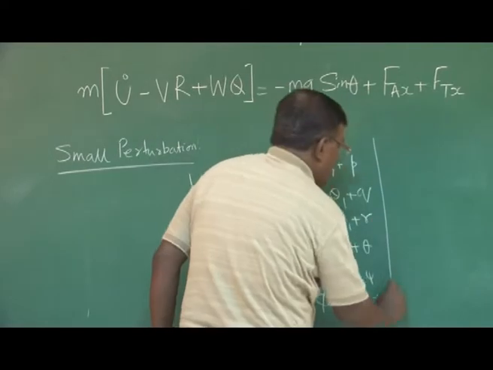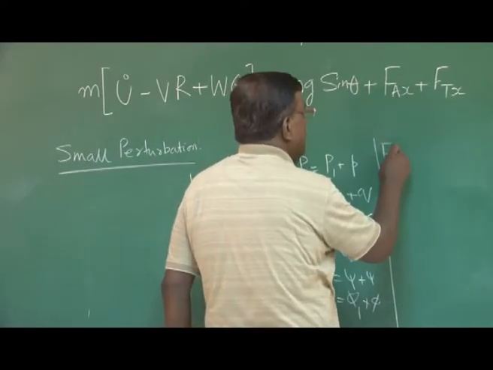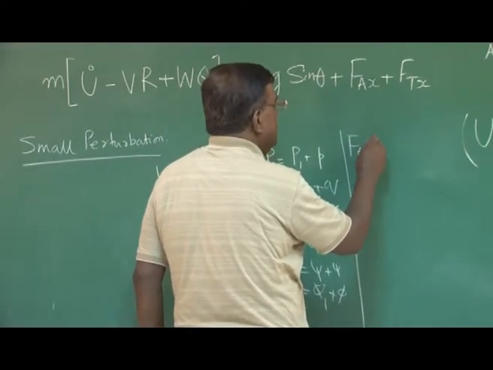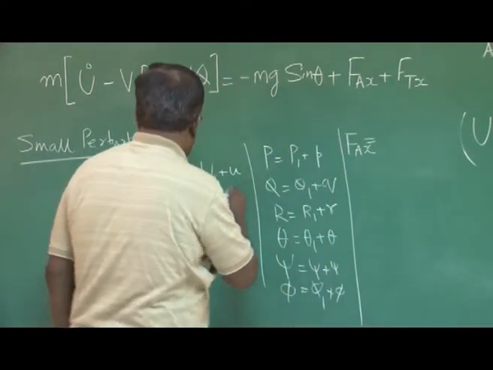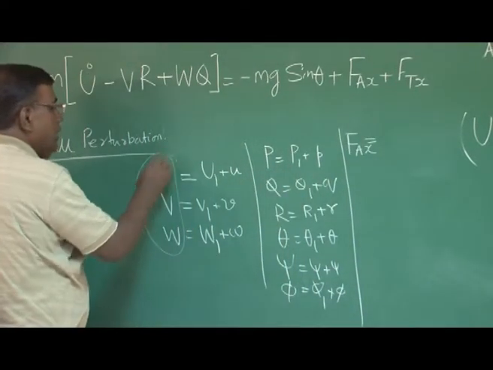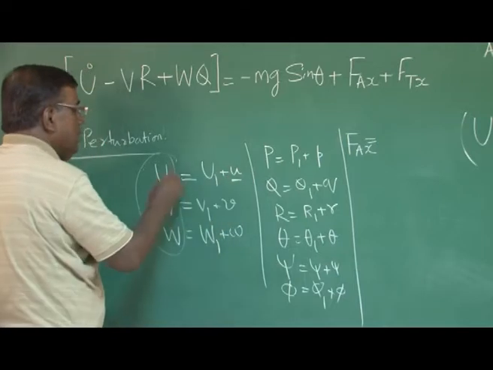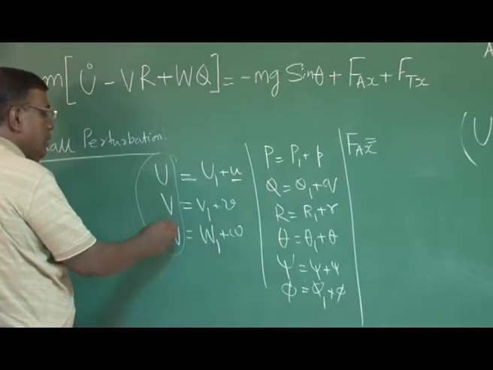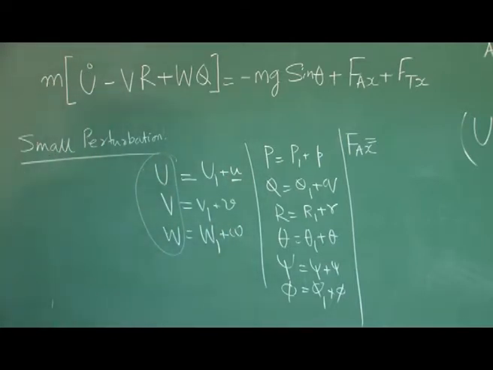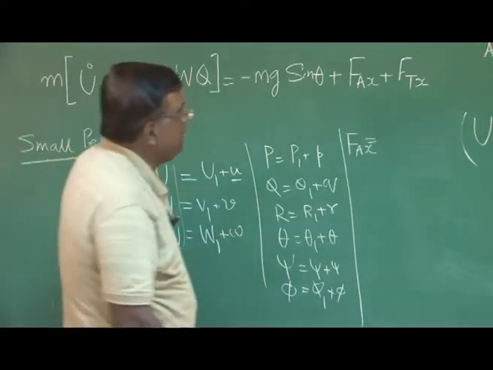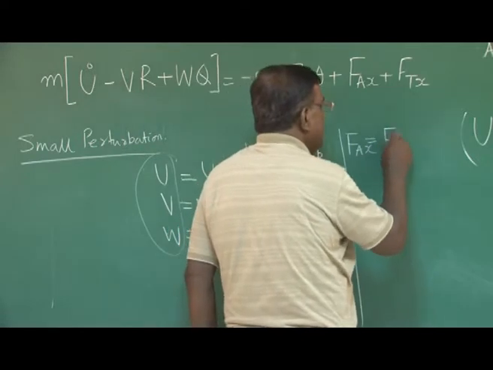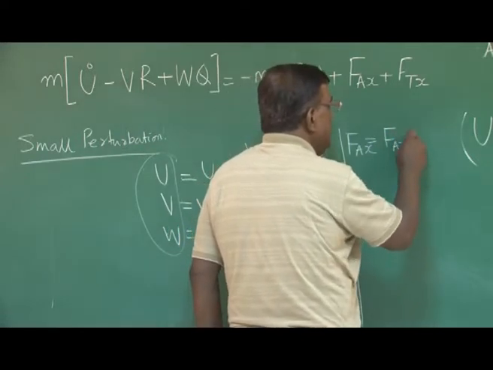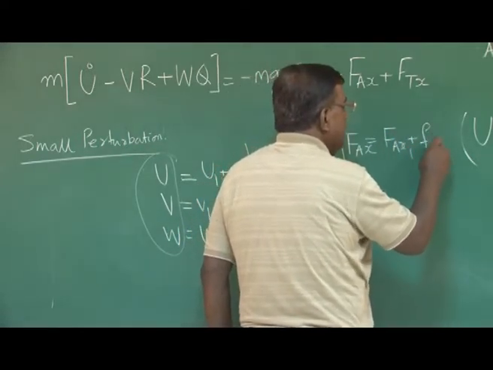Second thing, on the aerodynamics part, we will say F ax. On the left hand side, I hope you understood, after introducing the perturbation, what the total velocities u, v, w are in their respective axes x, y, z. So, F ax again I will write as F ax1 plus F ax.